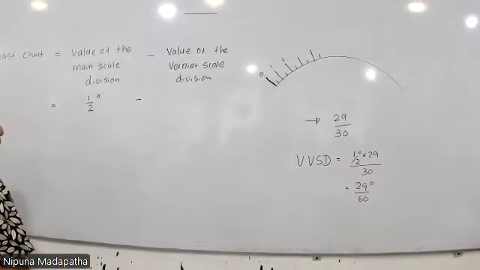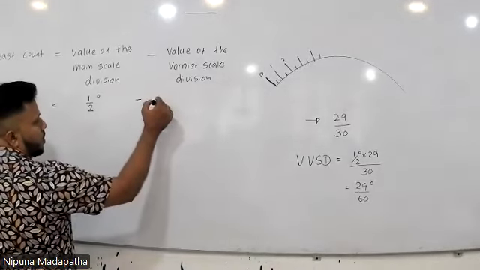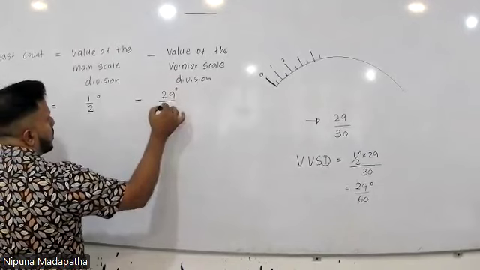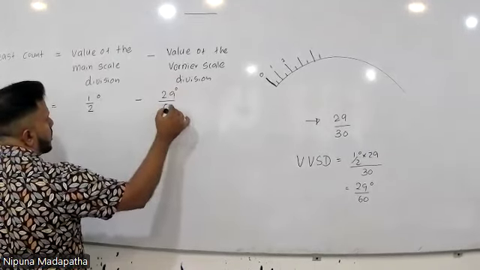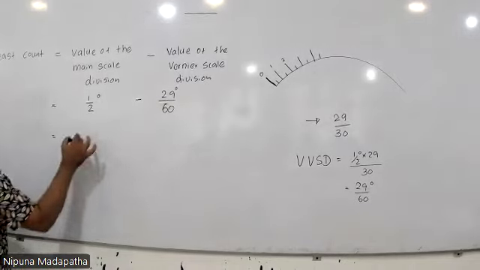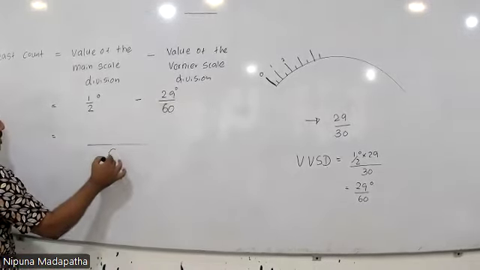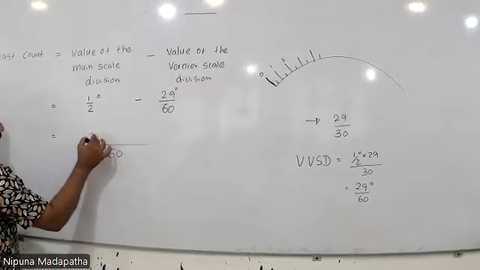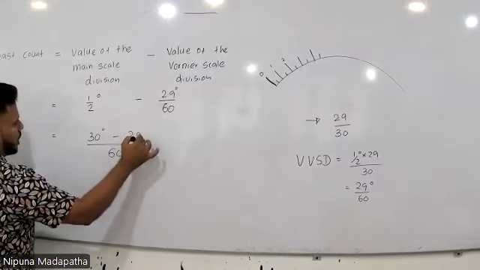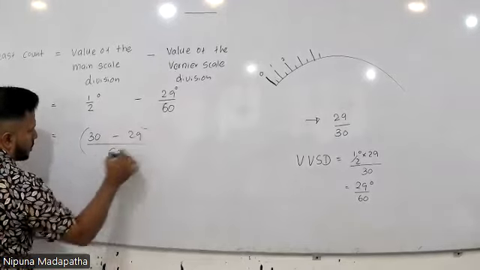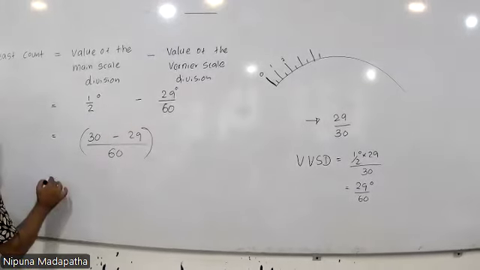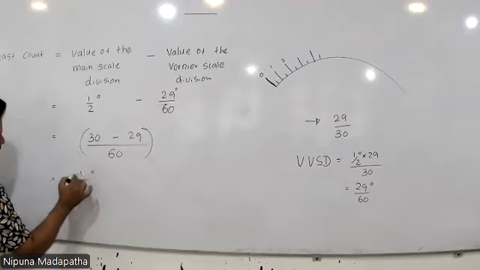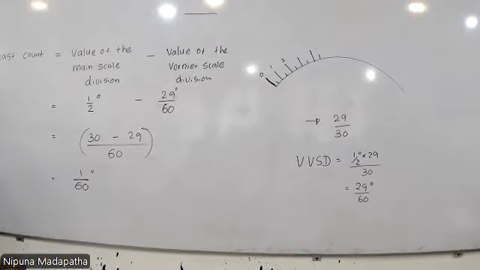The least common multiple of these two fractions is 60. So half is 30 over 60, and 30 minus 29 gives 1 over 60. So the least count of the instrument is 1 over 60 degrees.